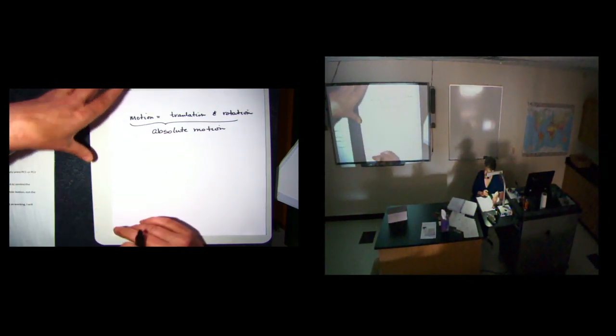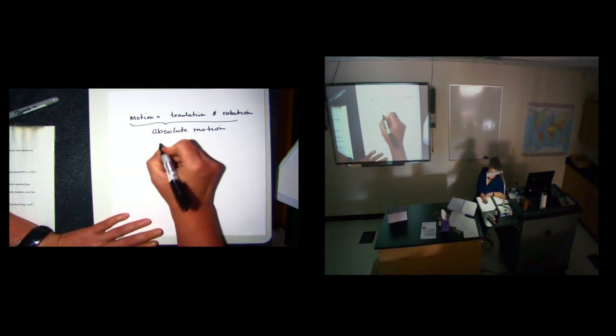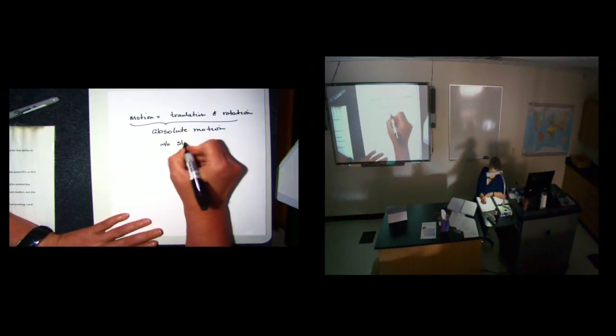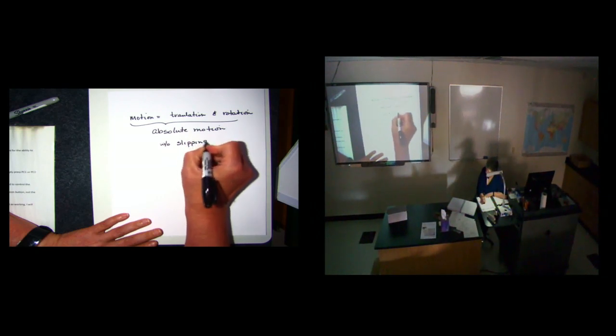So we're going to take a wheel, and we're going to look at how our translational motion is going with respect to that center part, and how we're rotating the system.